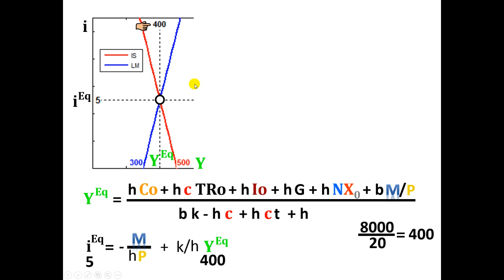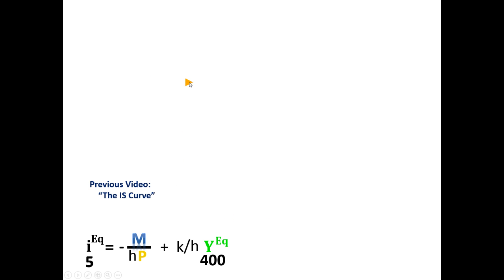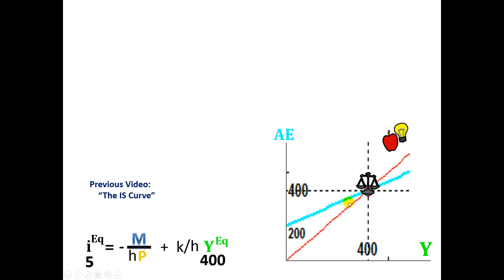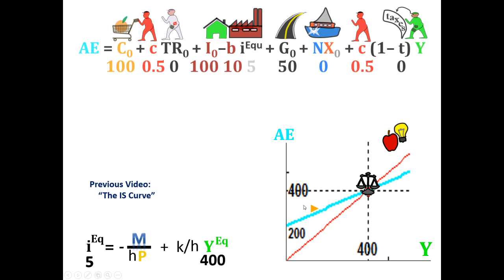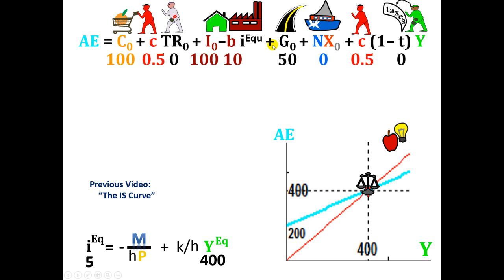Okay, now let's go to the second part, which is what we saw in the video entitled the IS curve. This is the aggregate expenditure curve, and this is the analytical expression, and these are the values that we get from the panel. Which panel? The goods and services panel, because aggregate expenditure has to do with this market.